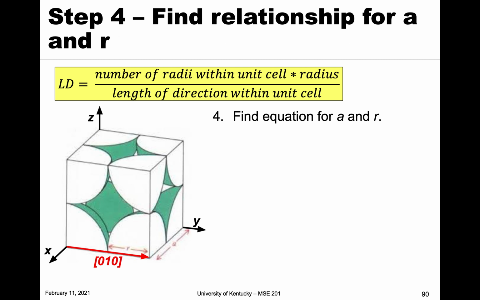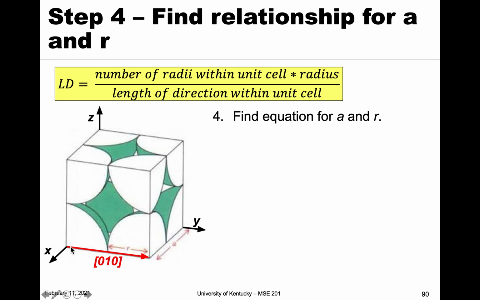All right, so now we find our relationship between A and R for the simple cubic arrangement. And this is one where we actually use the same length, right? Because when we try to find a relationship between A and R, we want some length like A here in which there's no empty space. You see that the atoms are touching in this space-filling model.